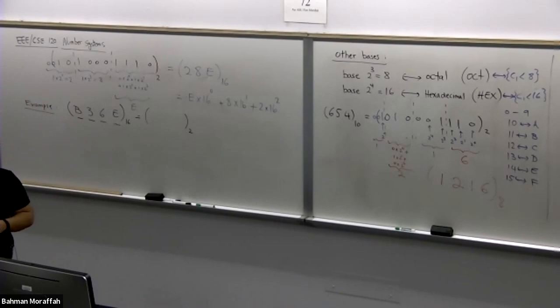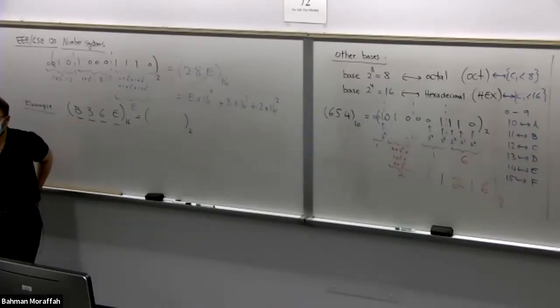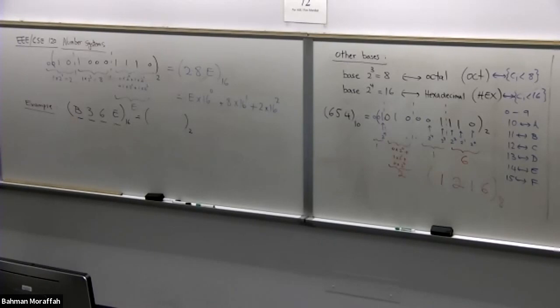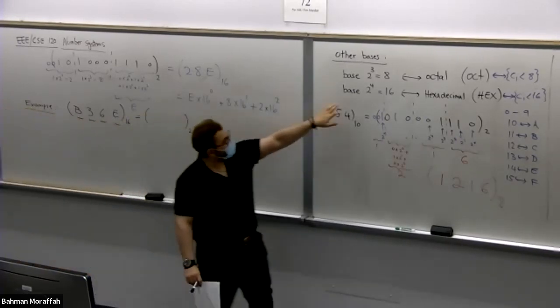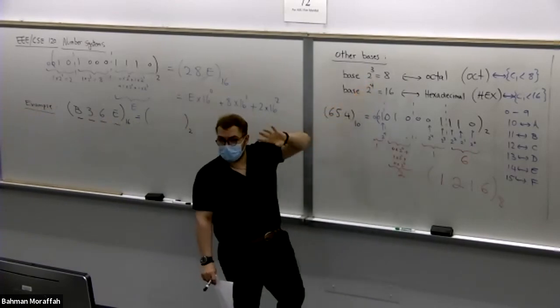But how many digits do I need to write every single one of these? We need 4. Why? Because remember, the base is 2 to the power of 4. So I need 4 digits.